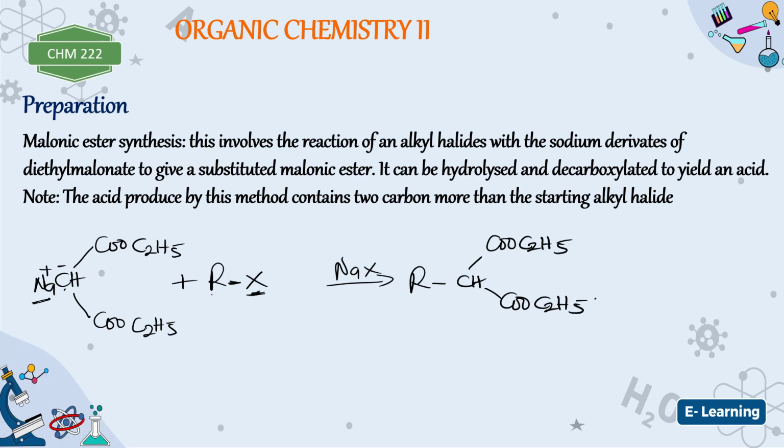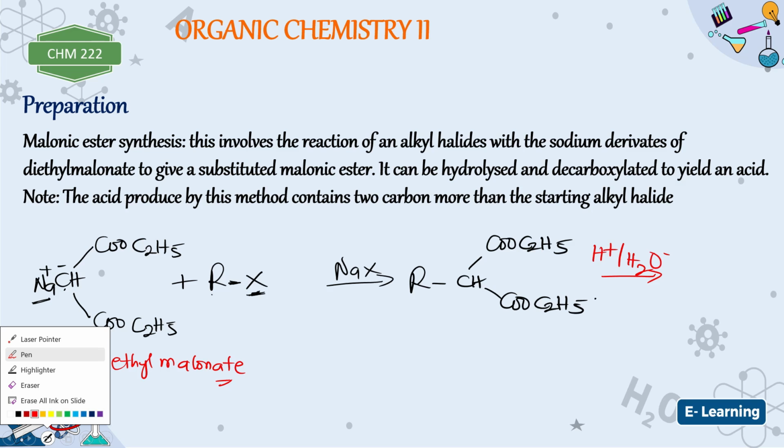All right, sodium ethyl malonate. So this is going to form something like this. Now the next step is hydrolysis. Whenever you hydrolyze esters, they are going to give us the corresponding carboxylic acid.